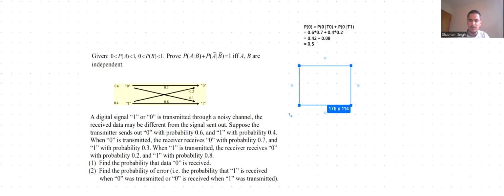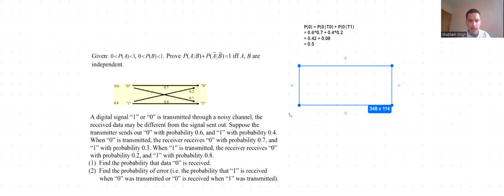So what is the probability of 0 being transmitted? That's 0.6, and 1 being received in this case would be 0.3.